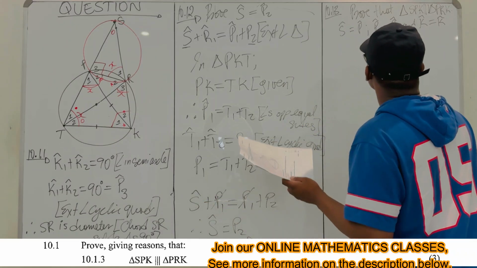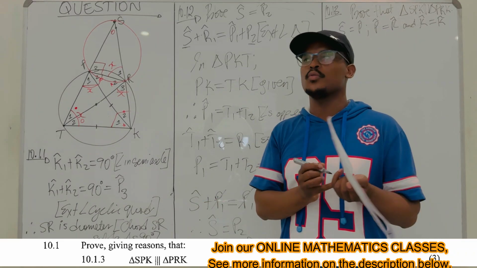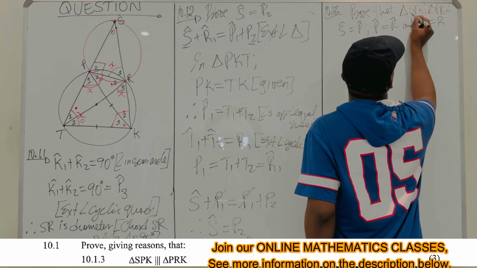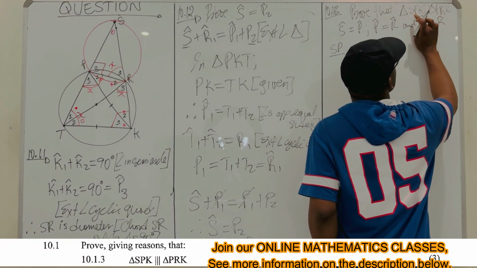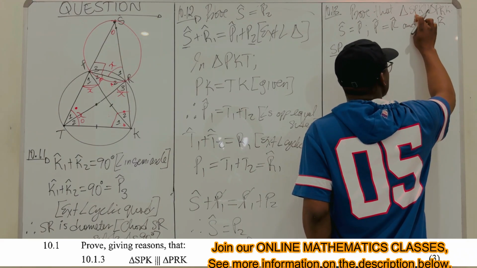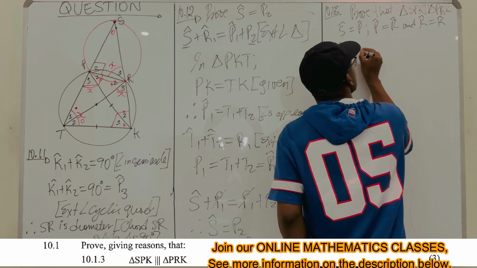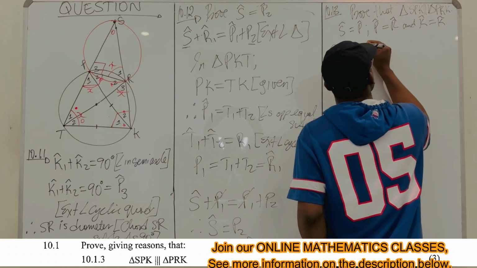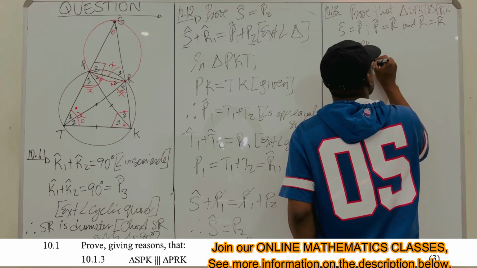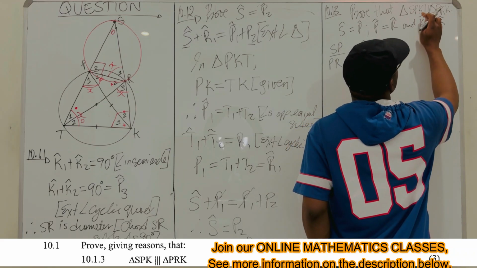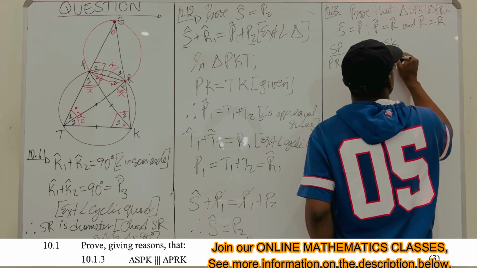Another way, you must show that the ratios of the corresponding sides are equal, which means you must show that SP over PR, the first two letters divided by the first two letters there, should be the same as PK over RK, which is the same as SK over PK.